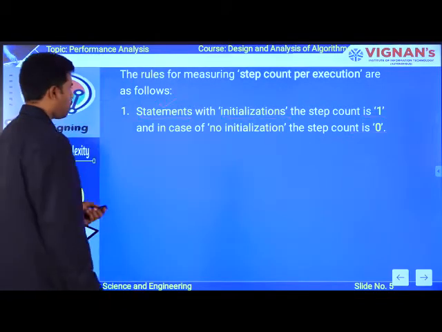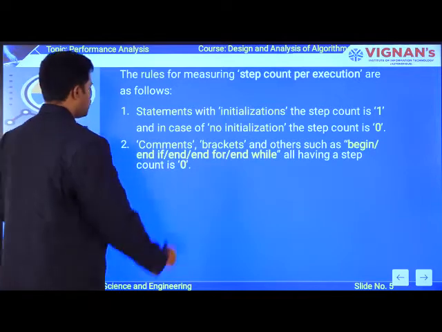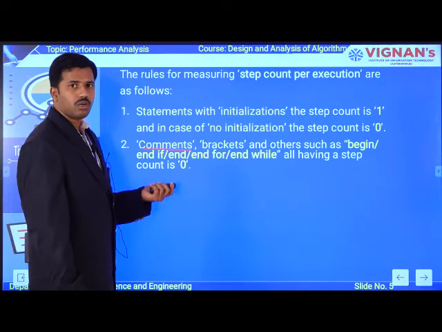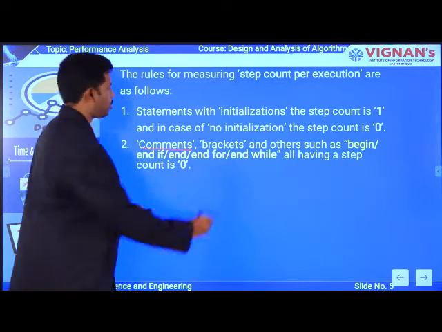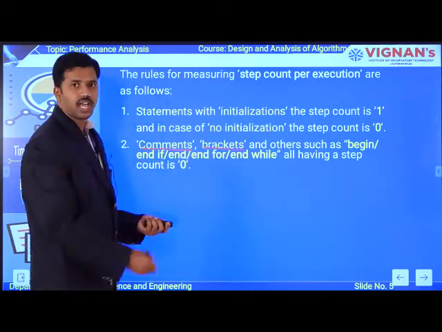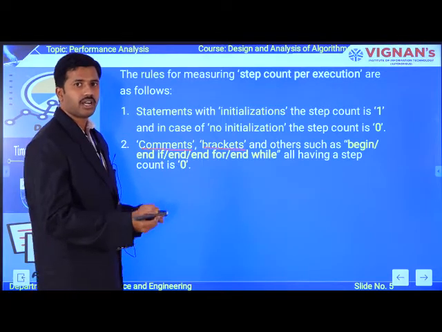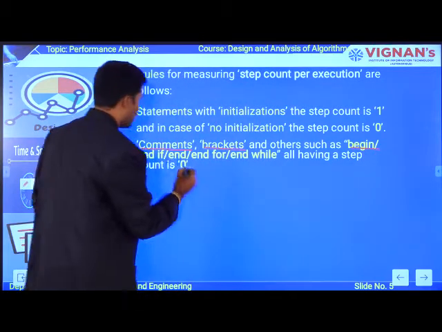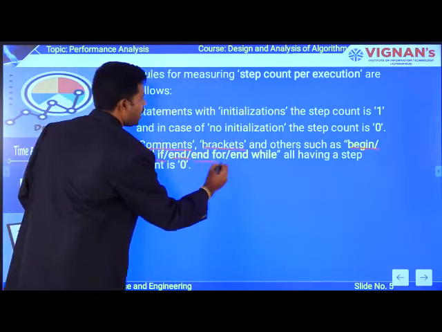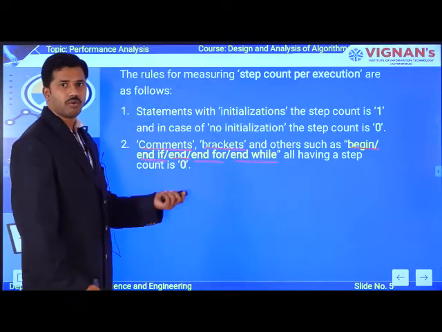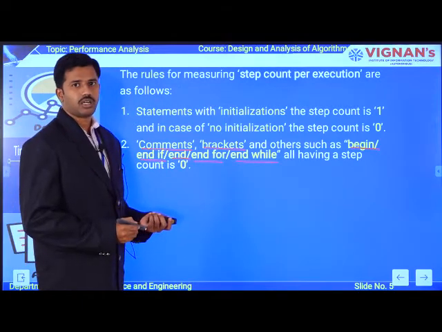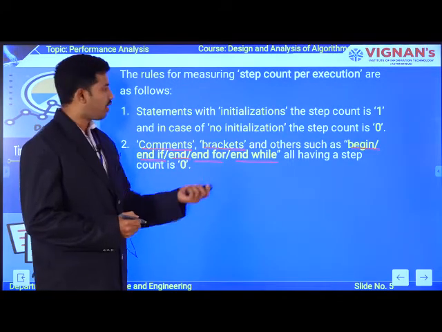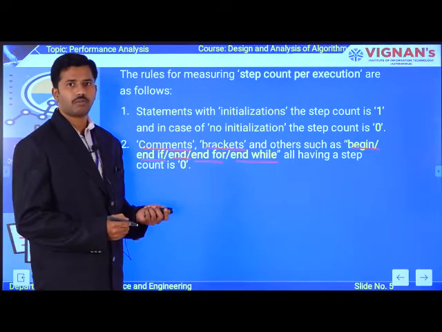Now coming to the second rule. The step count value is 0 for comments as well as brackets, because they do not have any meaning; these are not executable statements. Comments, brackets, and some keywords like begin, end if, end for, end while all have a step count value of 0. You may ask why these keywords have value 0.